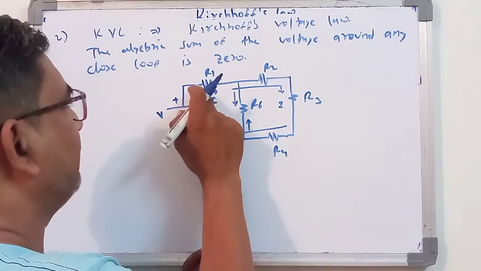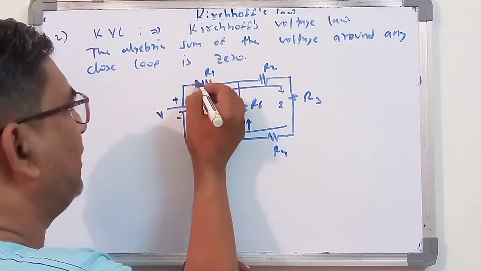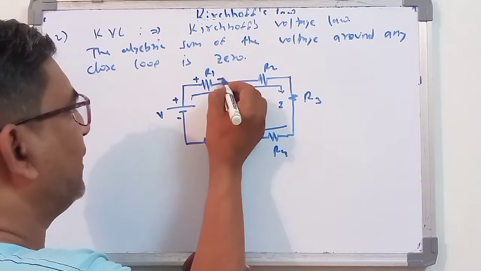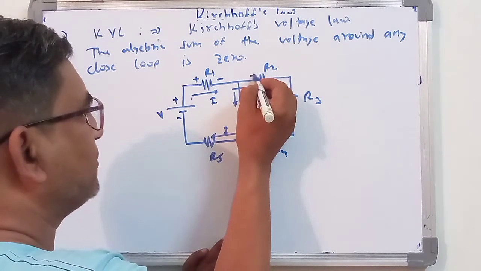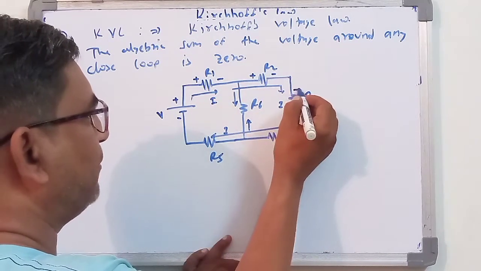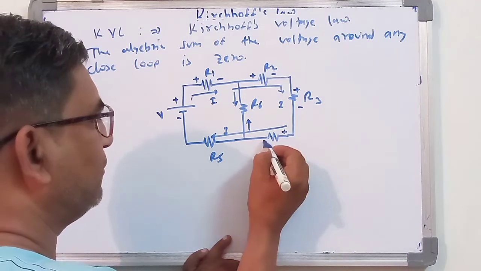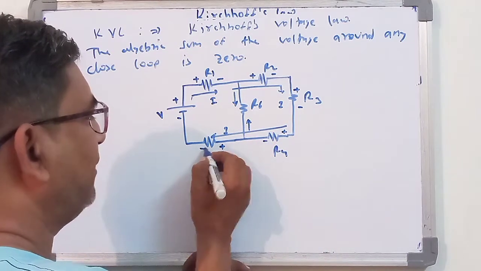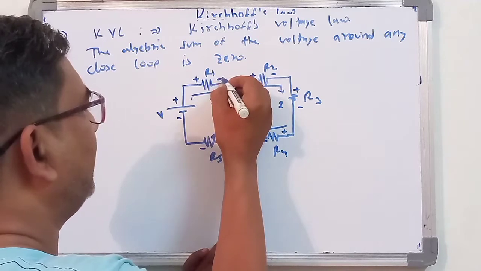So very first, when this resistor comes into action, here you will be getting the positive value and the negative value. Again here the positive and negative value, here positive, negative, positive, negative. Here the negative value is there.